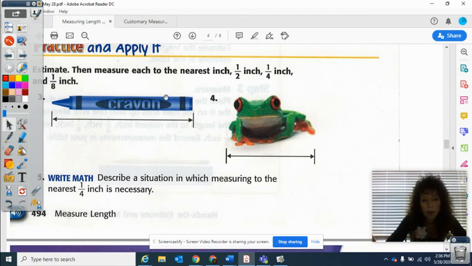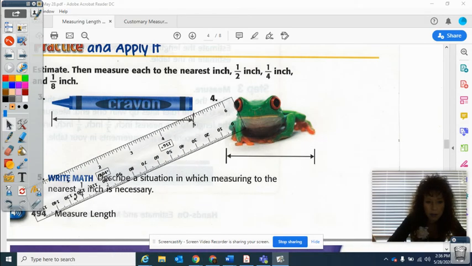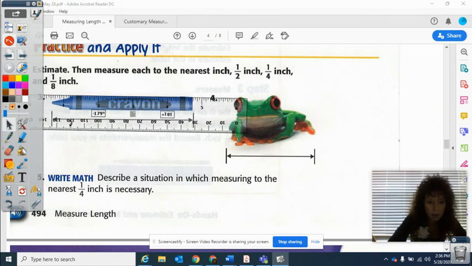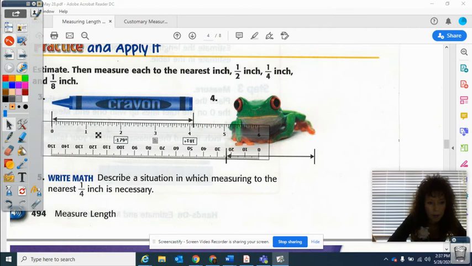Okay, then we're gonna measure to the nearest inch, half inch, quarter inch, and eighth of an inch. So I'm gonna get my ruler and I've got to rotate it because it was on centimeters and now I've got to move it.